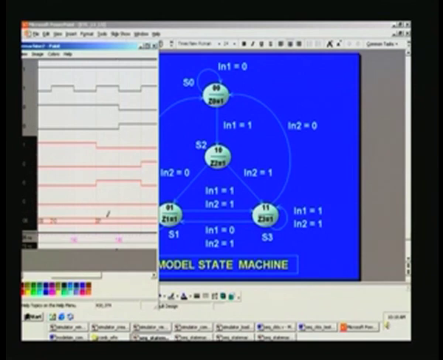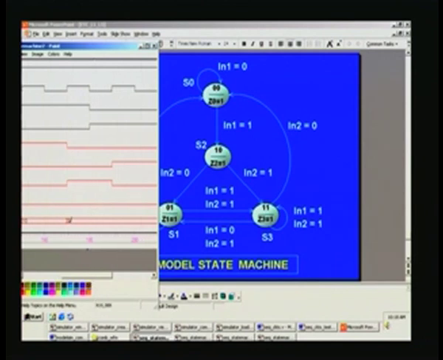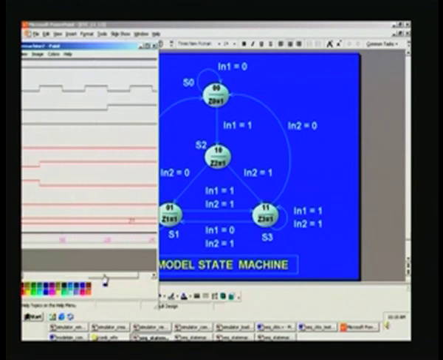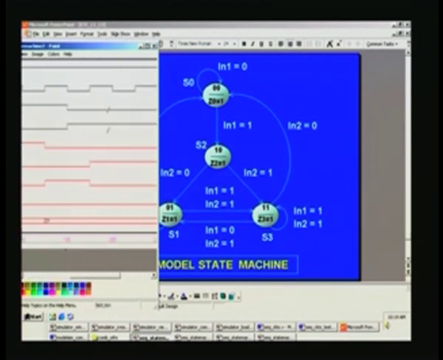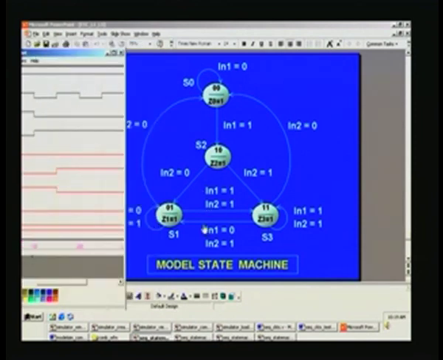Are you able to see this waveform or do you need a zoom? Next we will go from the 0 1 state. In this state, these are in1 and in2. In the S1 state, in1 is 0, in2 is 1.